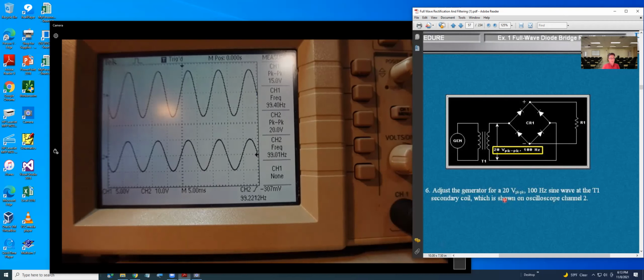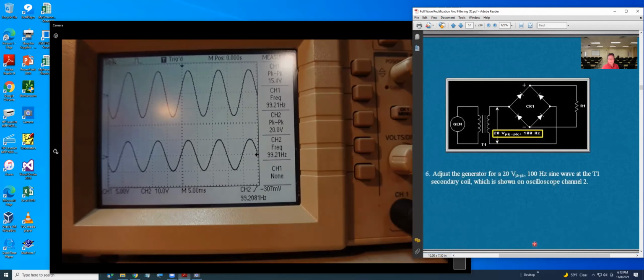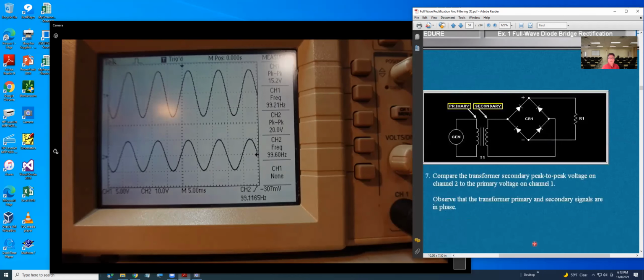And you can adjust the generator until the scope tells you that's what they really want. That's okay. Any question on how to set it up? Okay, if not, let's see what's next.